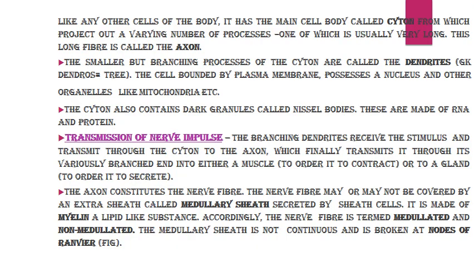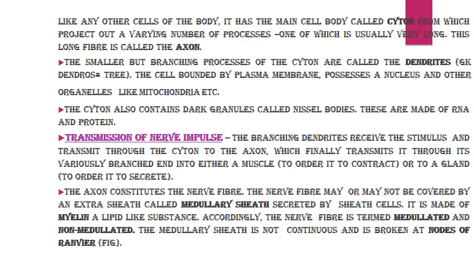Like any other cell of the body, it has the main cell body called cyton, from which project out a varying number of processes, one of which is usually very long. This long fiber is called the axon. The smaller but branching processes of the cyton are called dendrites.